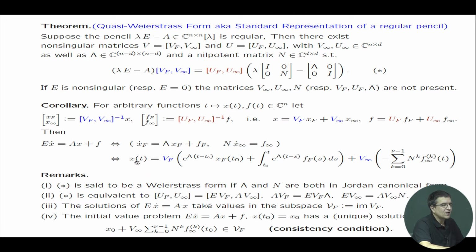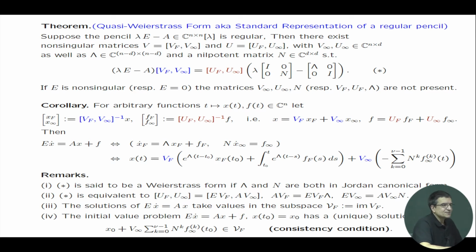So our general solution is this solution of the finite differential equation. So here is the solution formula plus another part which comes from the differential algebraic equation with a nilpotent matrix.